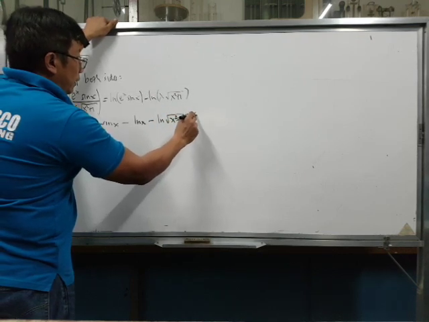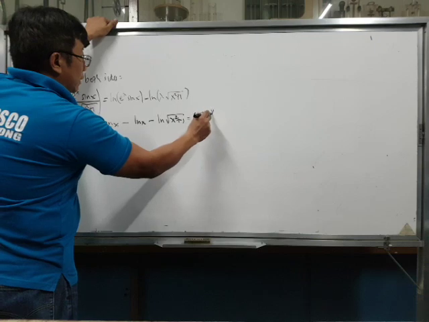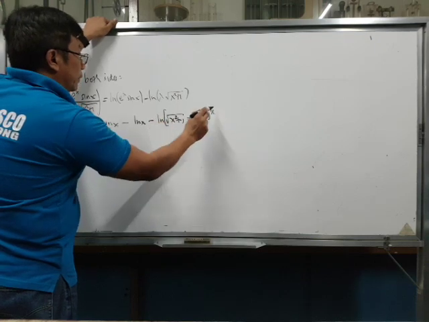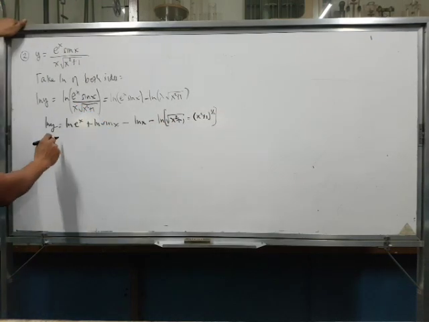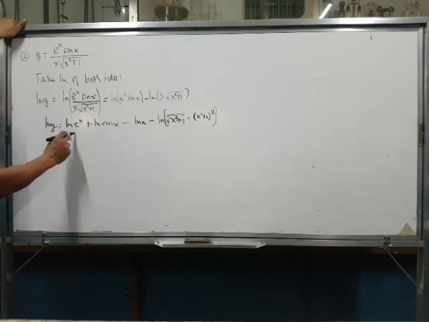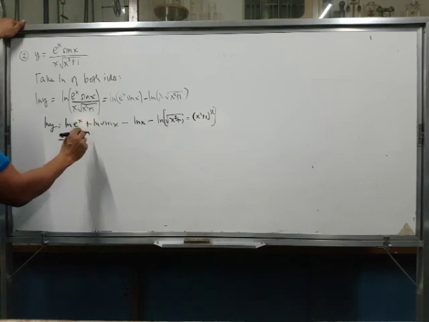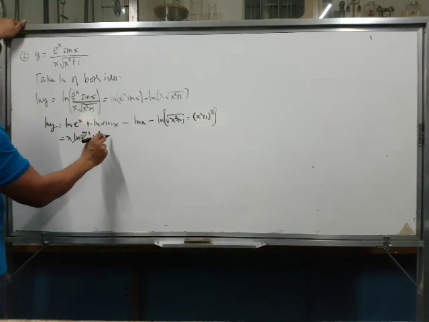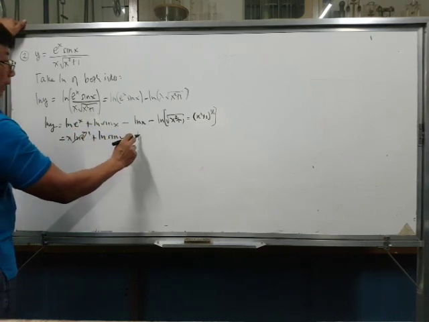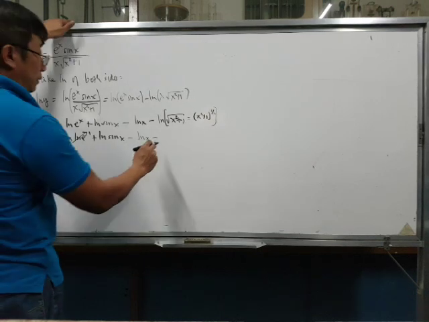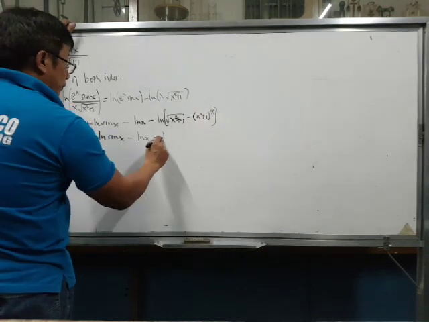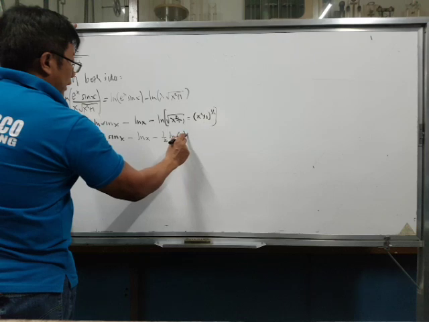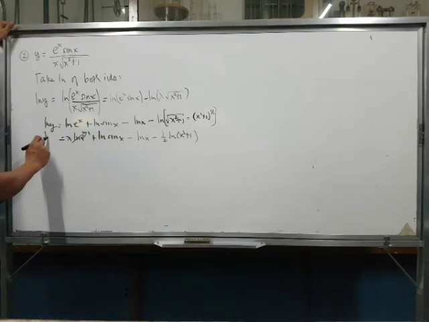This is actually equal to (x squared plus 1) raised to 1 half. Okay. So here we can place x in front and we have x ln e. ln e is 1. And this is ln sine x minus ln x minus, this is raised to 1 half, so 1 half ln (x squared plus 1).